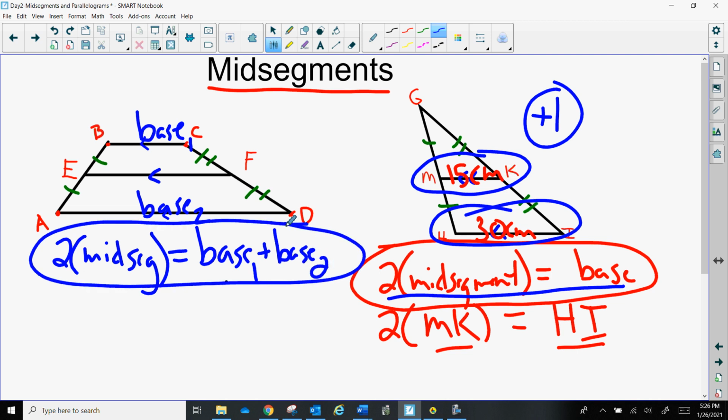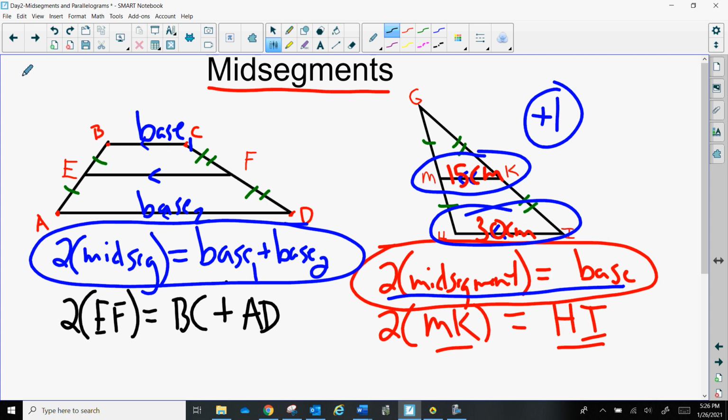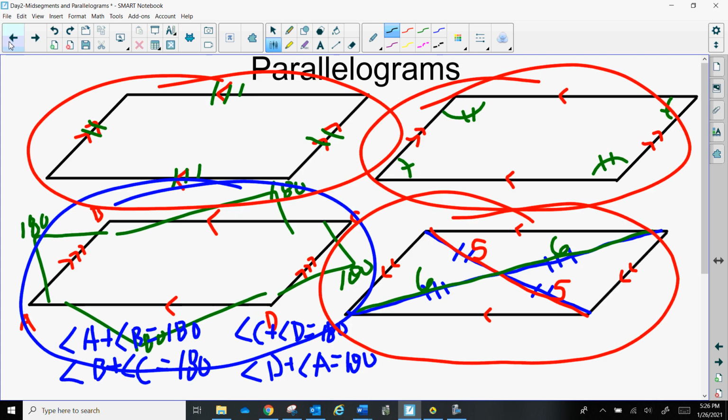So in our picture, 2 times EF is going to equal BC plus AD.